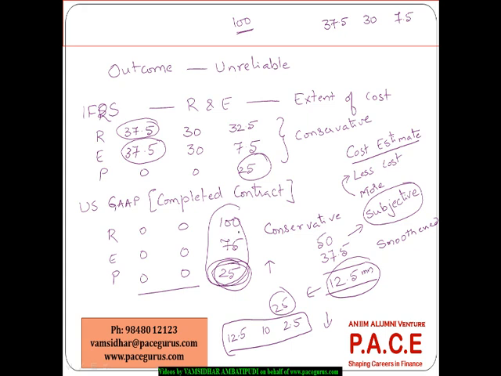But overall, this looks like a better matching also, because I got some kind of expenses and I got some kind of revenues. So some work has been performed in each of the years. So better recognizing the revenues and the expenses, more or less a good matching of revenues and expenses is possible through this method.